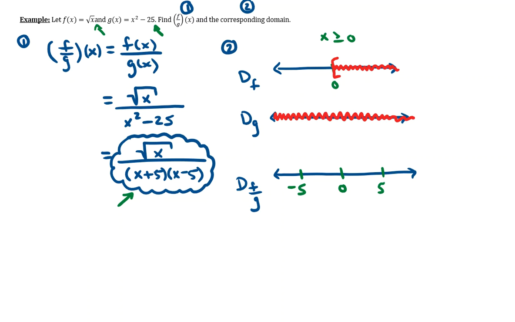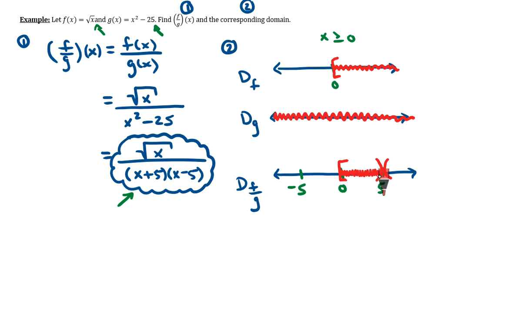Alright, so like I said a few minutes ago, the intersection of the original two number lines is from 0 to positive infinity. So I'm going to start with that. That is, I'm going to bracket 0 and start shading towards positive infinity. But based on the construction of the combined function, we have to exclude positive 5. So I'm going to go ahead and put a parenthesis on that.